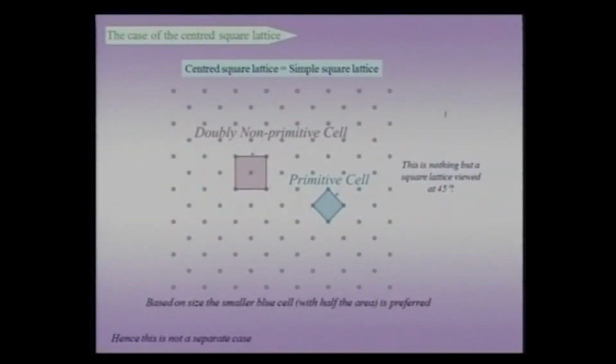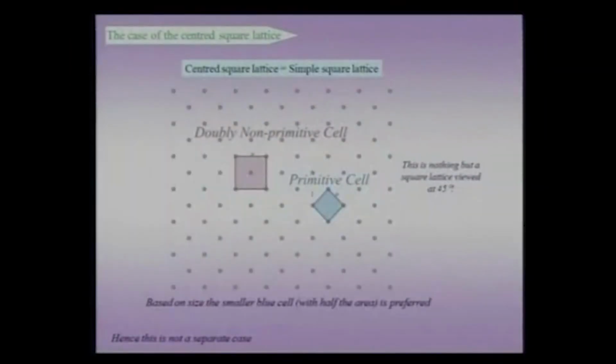We had seen before that the centered square lattice is nothing but a simple square lattice. In other words, if I were to draw this picture of this lattice rotated by 45 degrees, then the vertical direction would be this, and I would see it like a normal square lattice. I have two choices to make: either a doubly non-primitive unit cell or a singly non-primitive unit cell.